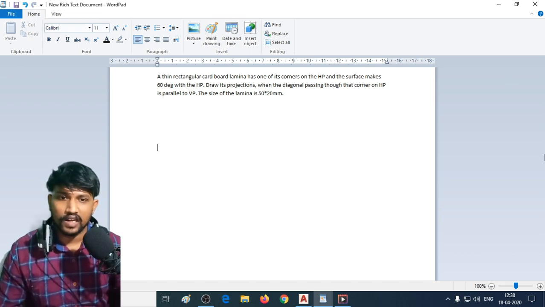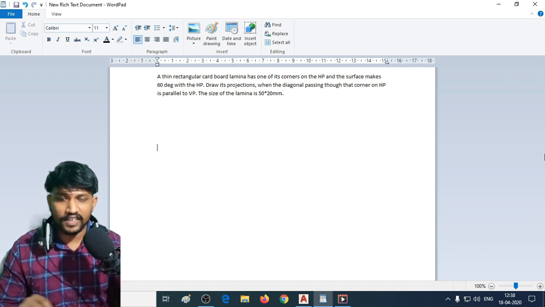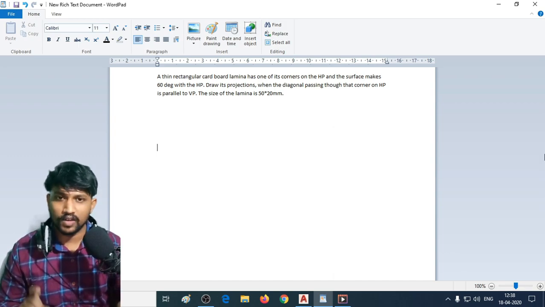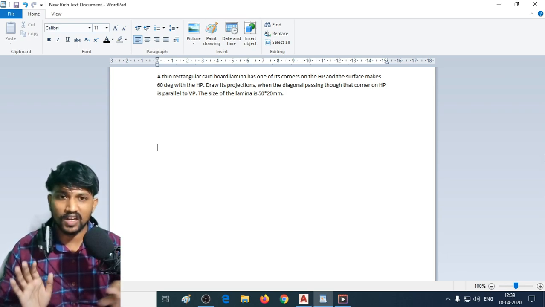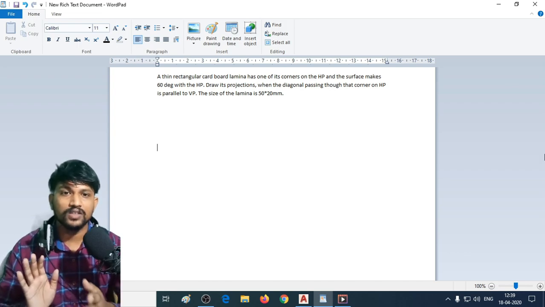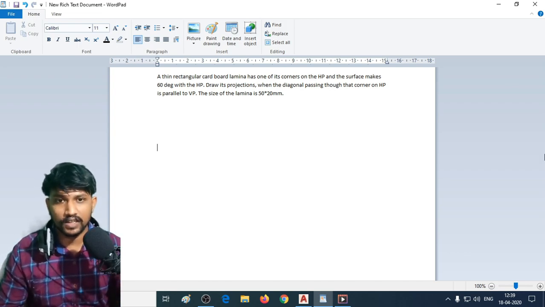While taking it parallel to the horizontal plane or vertical plane, or lying on the horizontal plane or vertical plane, be careful, because depending upon your problem only you have to choose whether it has to be parallel to the horizontal plane or parallel to the vertical plane initially.